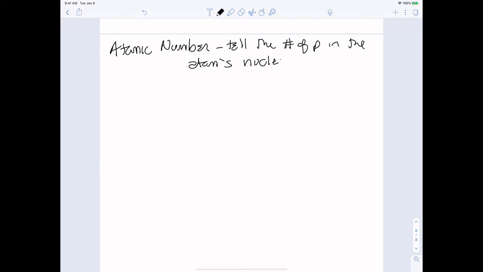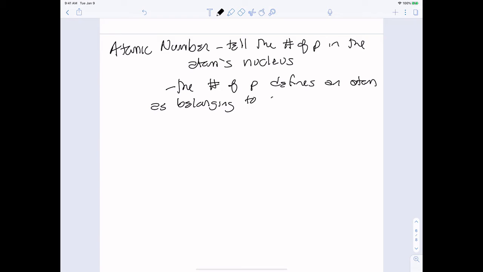And then also remember that the number of protons defines an atom as belonging to a particular element. So if we were to change the number of protons, we're actually changing what type of atom it is.